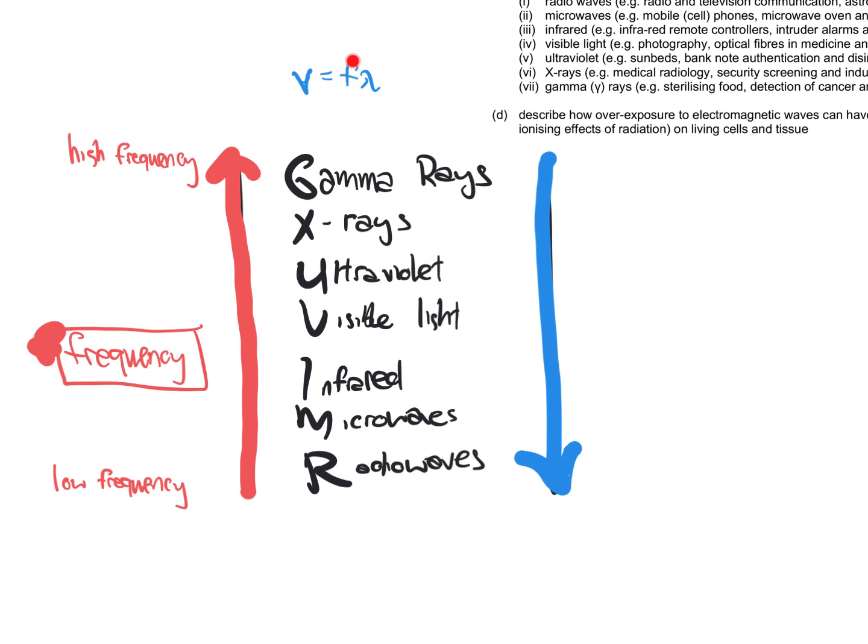Now, if frequency is increasing on this side, look at this one over here. Imagine this one. This is 3 times 10 to the power of 8 meters per second. That's the speed, correct? It has a really, really high frequency. What do you know about then the wavelength of this one? As you have guessed, this part talks about wavelength.